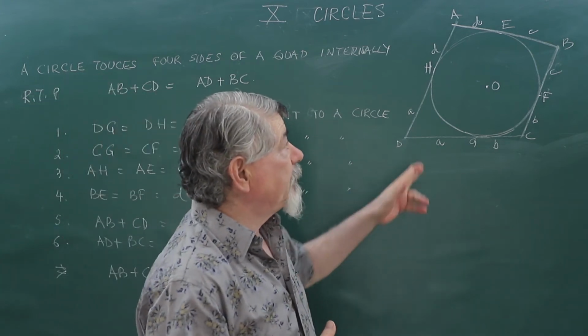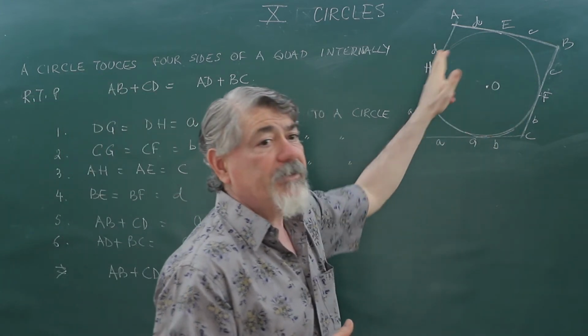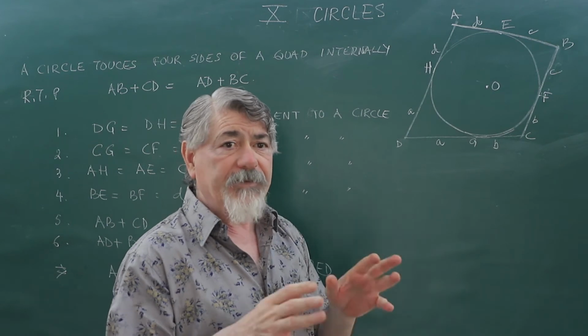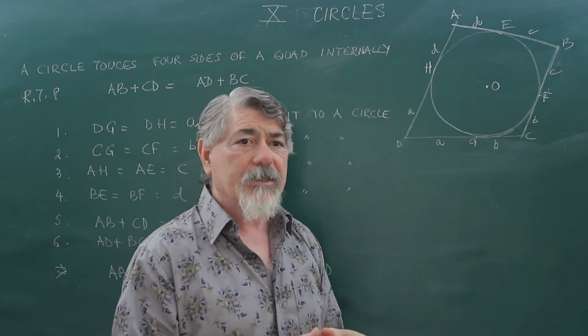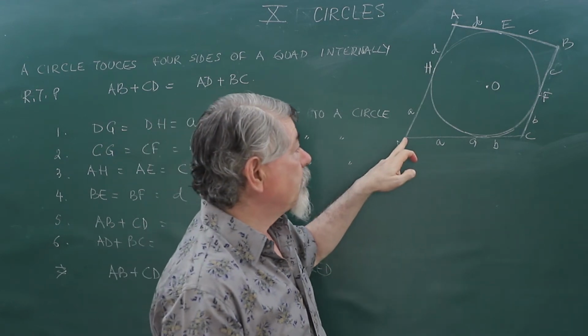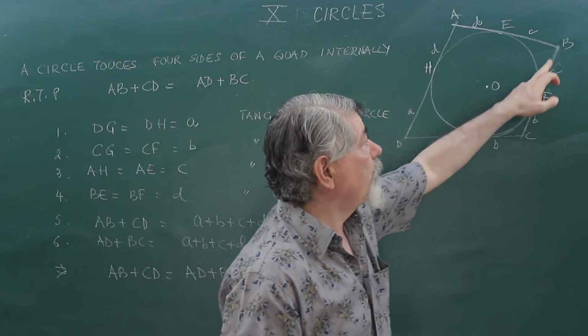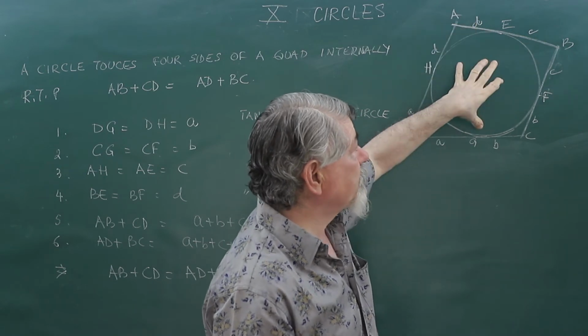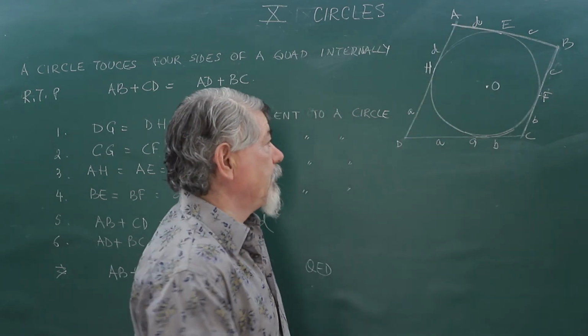What does it mean that a circle is inscribed in a quadrilateral? It means all the sides of the quadrilateral are touched by this circle internally.